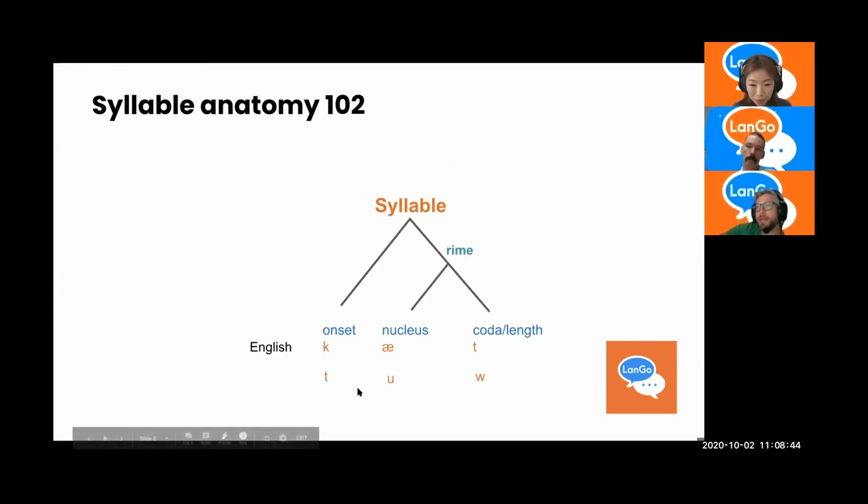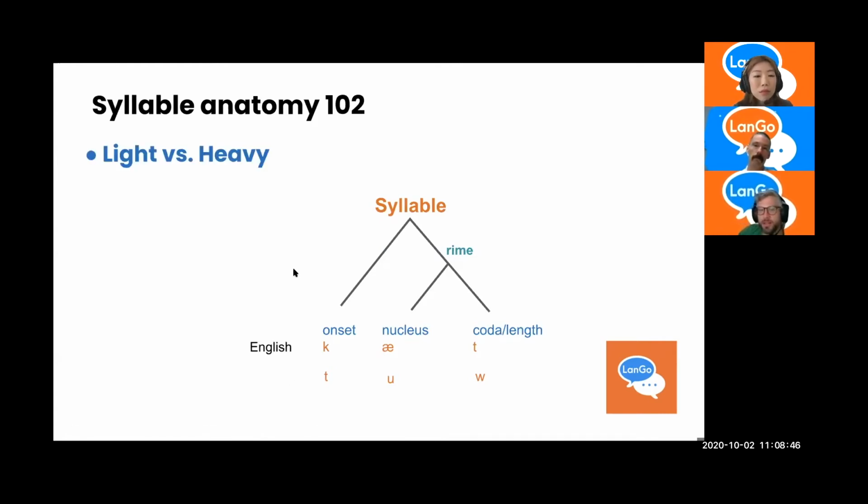So it might be worth mentioning that in cutting edge modern phonology, there is evidence that the onset and the nucleus act as a constituent in some languages, but it's a much rarer phenomenon. So for now we'll focus on this way. And if you want to know more about the constituency of onset and nucleus, send us a message. My email's on the end of every single podcast. You can reach out to me and we'll talk about it.